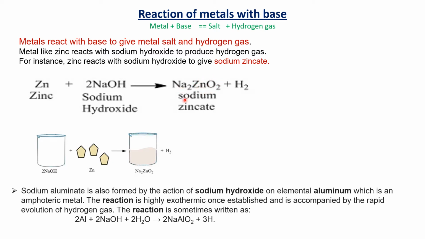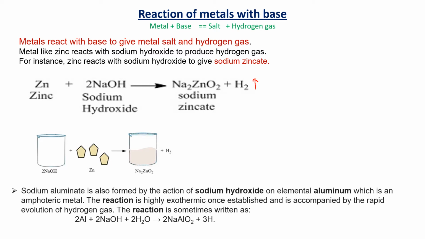So this compound is sodium zincate, and hydrogen gas is evolved. Whenever a gas evolves, you can put an arrow over here. So zinc plus sodium hydroxide gives you sodium zincate, and hydrogen gas is evolved. That you can check by bringing a burning splinter.